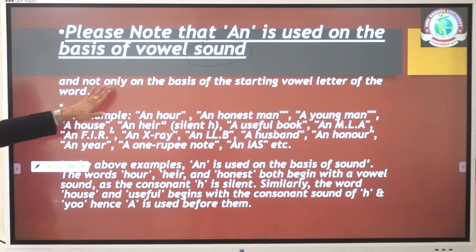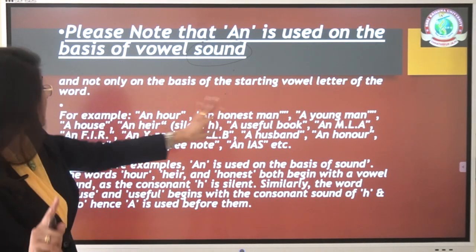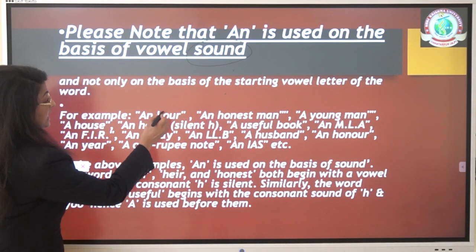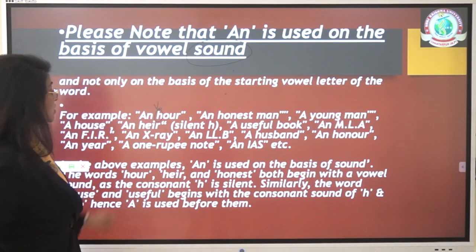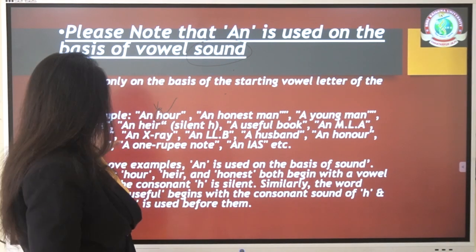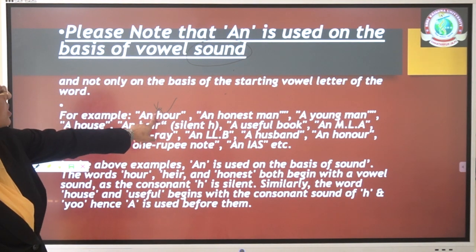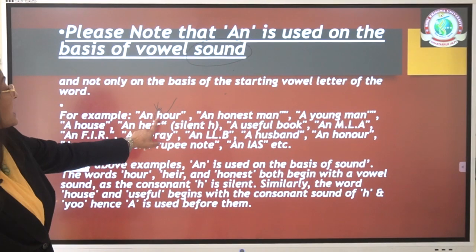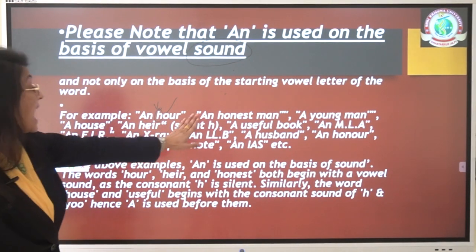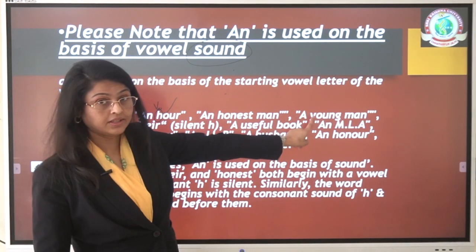Not only on the basis of the starting vowel letter, but the starting sound. For example, an hour. See here, H is silent. So we are starting the sound with O, and that's why it says an hour. So even though the beginning consonant is H, since it is silent, the beginning sound is O, okay? Now, an honest man, a young man, see here, right?